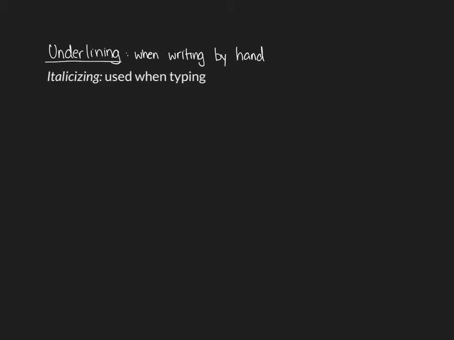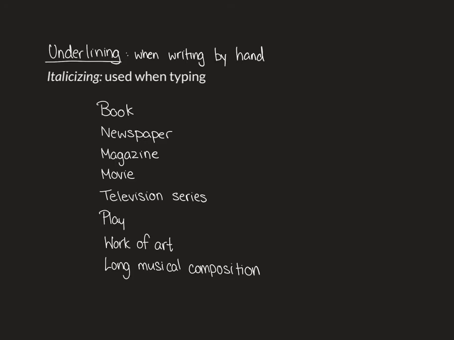Underlining and italicizing are both used for the same types of things, but underlining is used when you're writing by hand, and italicizing is used when you are typing. So italicizing is that little slanty style that makes things look a little bit more at an angle than when you are typing normally.